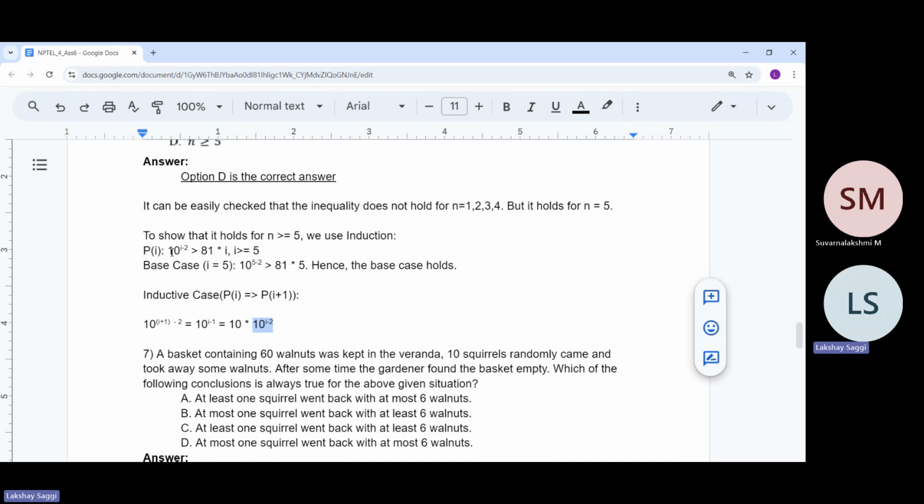Because now I can use this claim, because I know that P(i) is true. So I know 10 to the power i minus 2 is greater than or equal to 81i. So I can replace this and say that this is greater than 10 times 81i. So something like this will work.